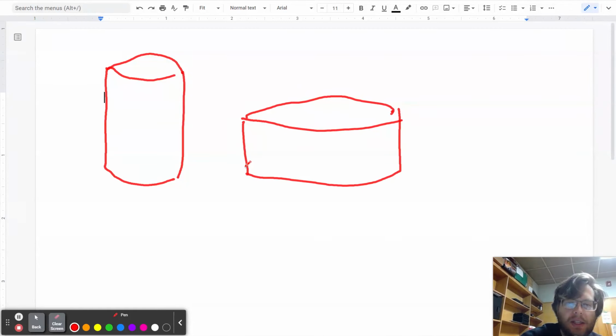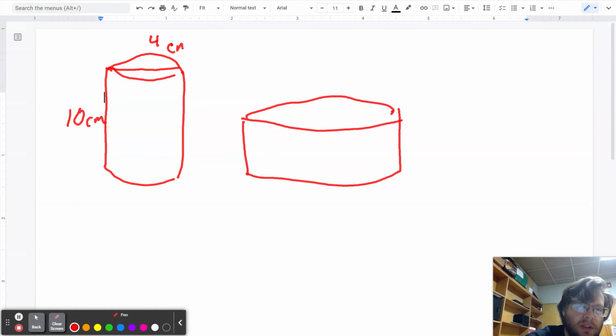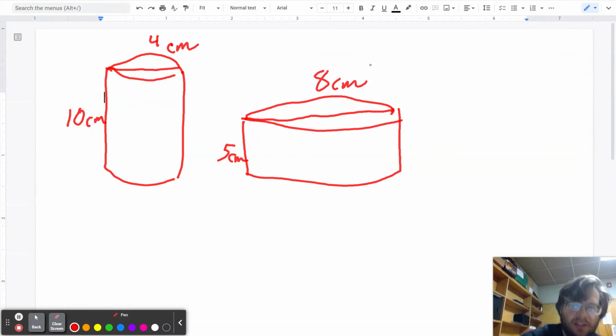like this. So let's say that this cylinder over here is 10 centimeters tall, and let's say it's 4 centimeters across. And then we're going to make this other one half as tall, 5 centimeters tall. And let's make it twice as wide, 8 centimeters across.